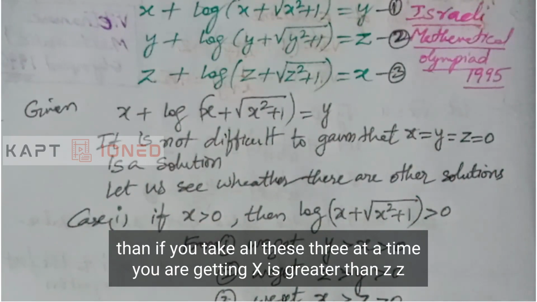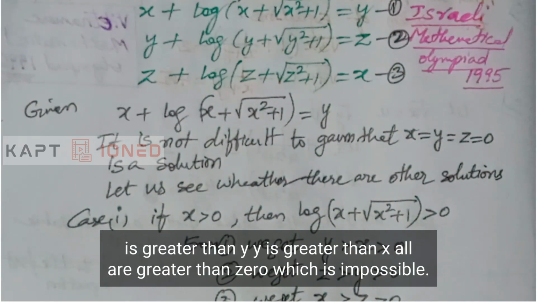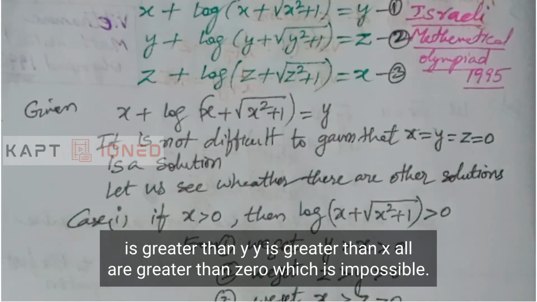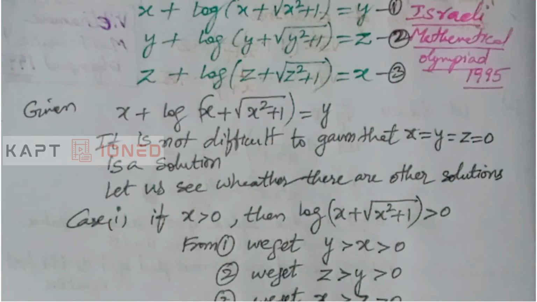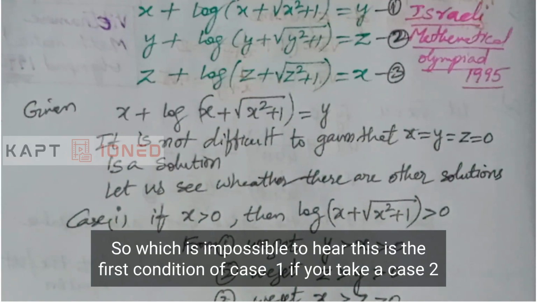If you take all these three at a time, you get x greater than z, z greater than y, y greater than x, all greater than 0, which is impossible.